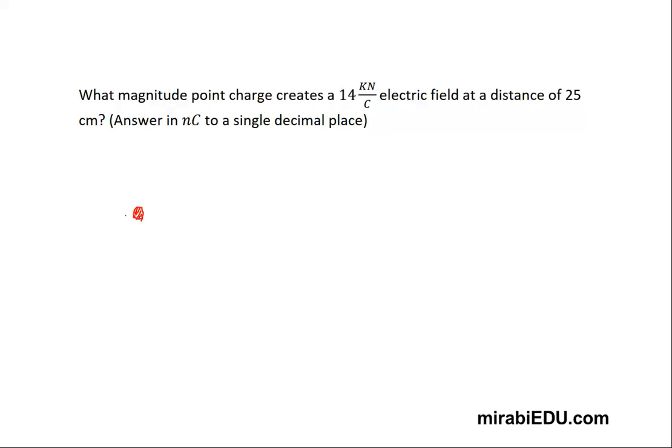For example, if this is a positive point charge, there's some electric field around it, and at any distance r from it, the electric field intensity is equal to kq over r squared. Of course, direction depends on the sign of the charge, but we don't have anything to do with the direction.